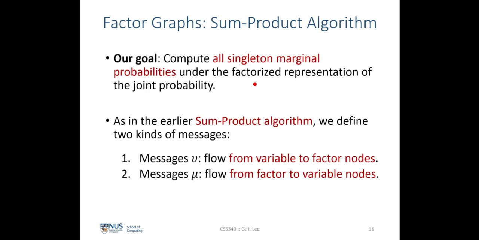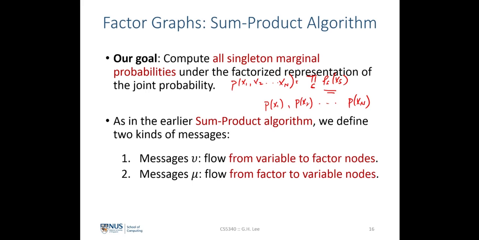What this means is that given a factorized form of the joint probability distribution over x1 to xn, and given this factor graph with factors fs and variables xs, we want to make use of this representation to get all the possible marginal probabilities of x1, x2, all the way to xn, or even the conditional probability, as we have seen in the earlier definition of the sum product algorithm.